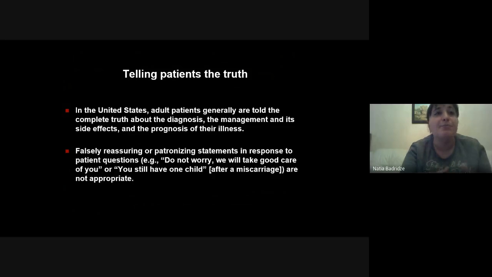Of course, it's better to tell the truth about their diagnosis, to educate the patients about their diagnosis, the outcome, the risk, and the prognosis of their illness. But as I told you, it depends on the country, on the culture of the nation, and on the psychological profile of the individual patient. And the doctors should be very delicate in informing the patient about the diagnosis.